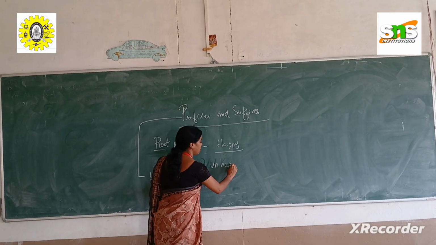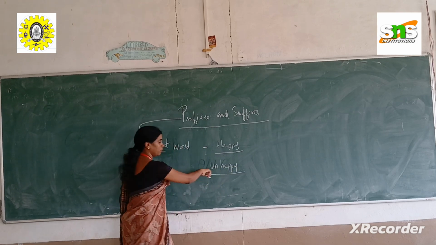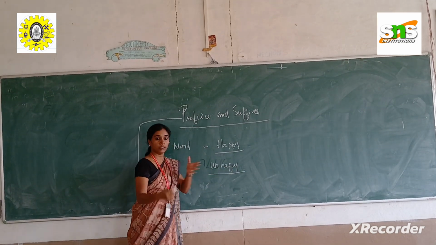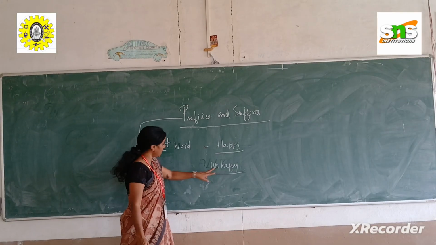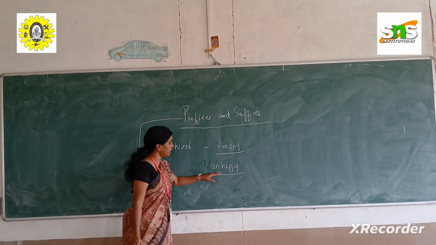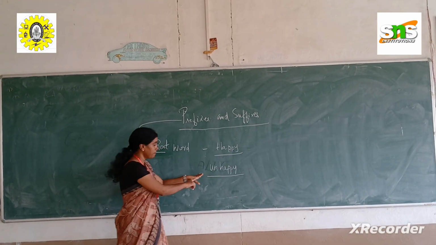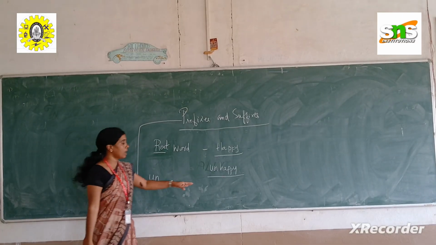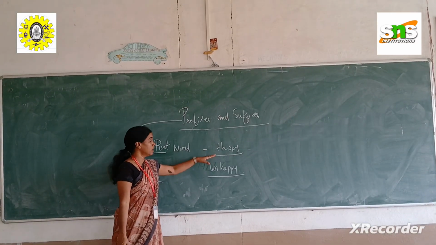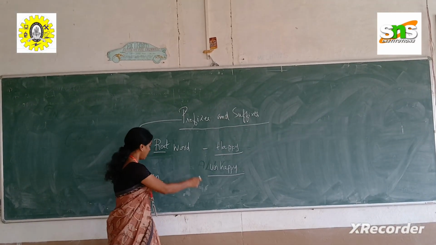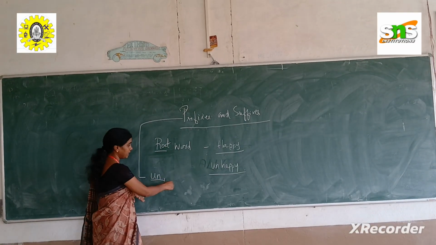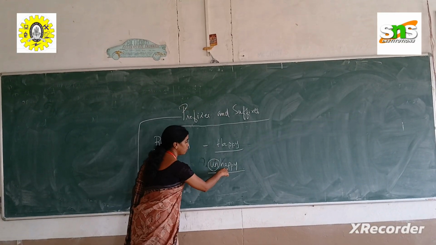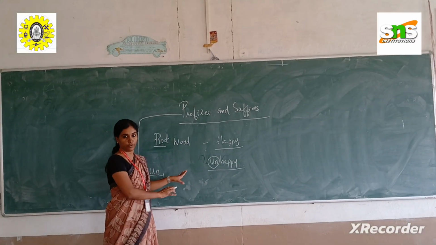It changes the meaning of the root word, to the opposite of the root word. Any group of letters added at the beginning of a root word is called a prefix.